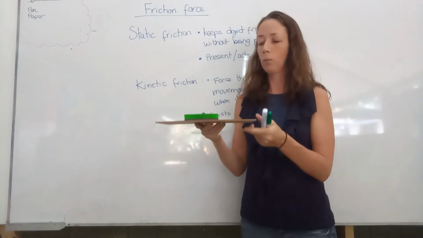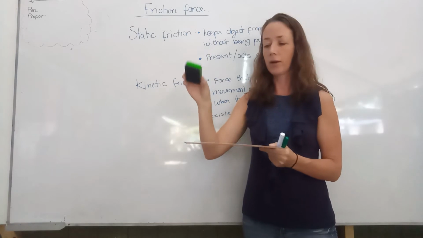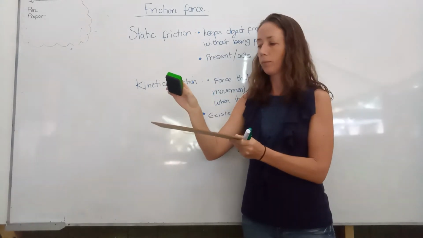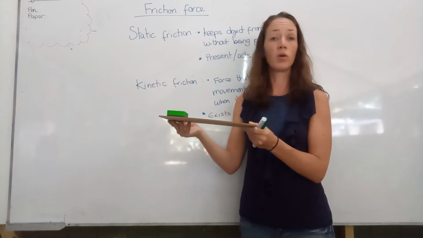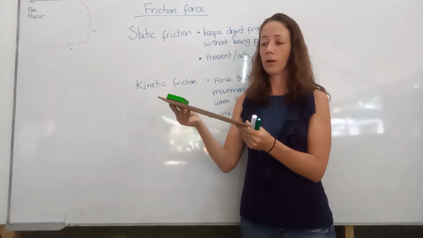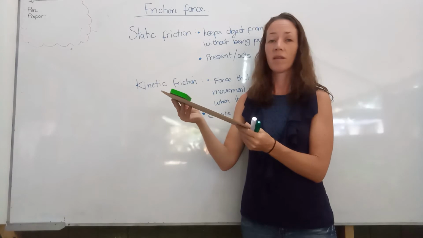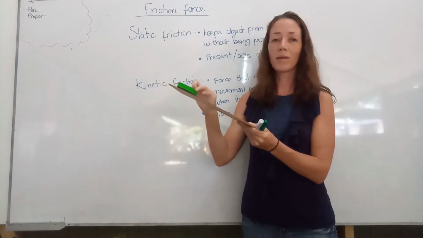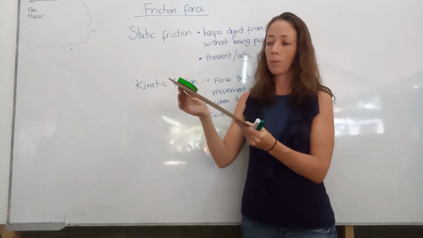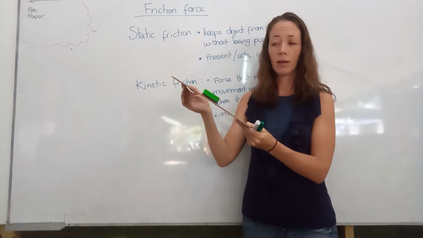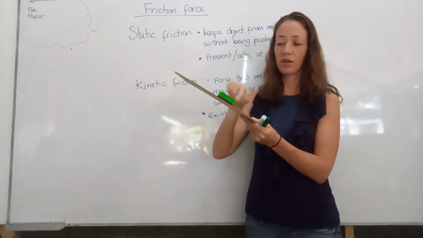So a quick example, okay, I've got an eraser here and a whiteboard. Flat here at the moment, static, okay? It's not moving. I have to lift it up, lift it up, lift it up. Static friction is what is keeping this eraser from moving, okay? The moment it starts moving, kinetic friction's there.